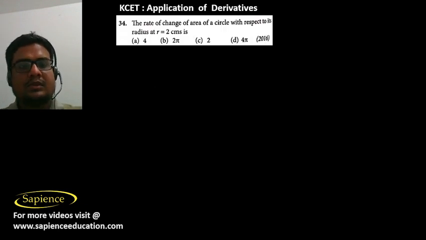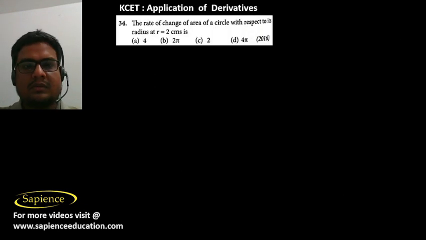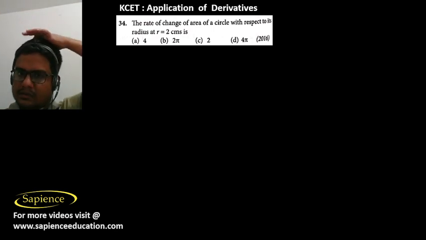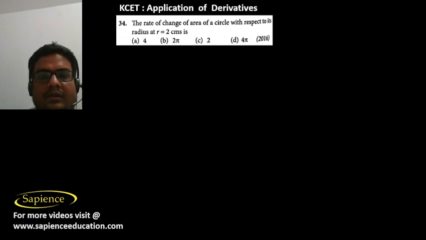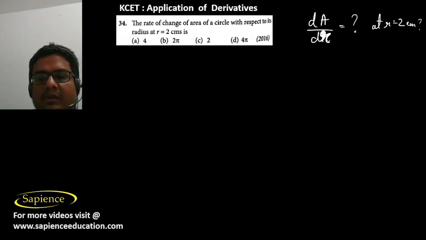Then question number 34, the rate of change of the area of a circle with respect to its radius at r equal to 2 centimeters, that is dA by dr at r equal to 2, that we have to find. The area of the circle is pi r square.